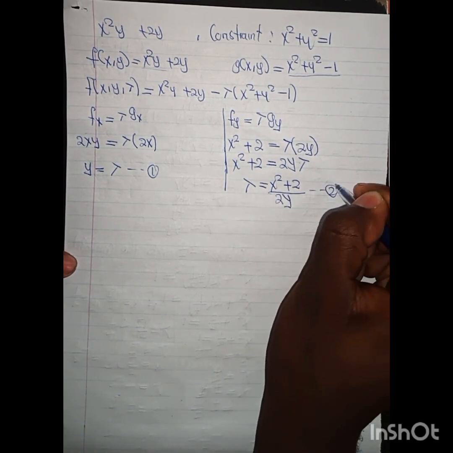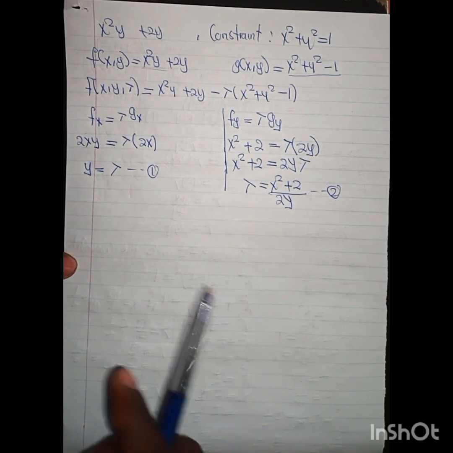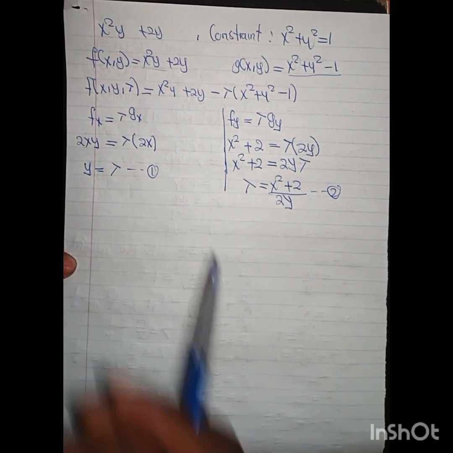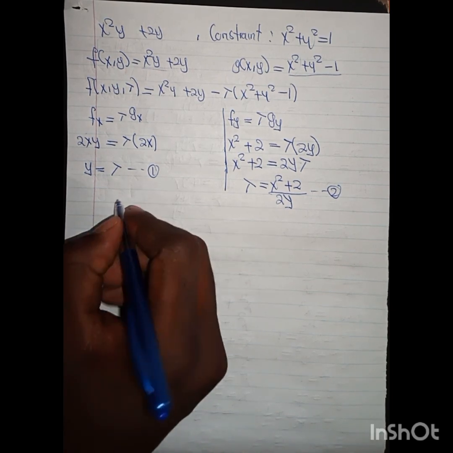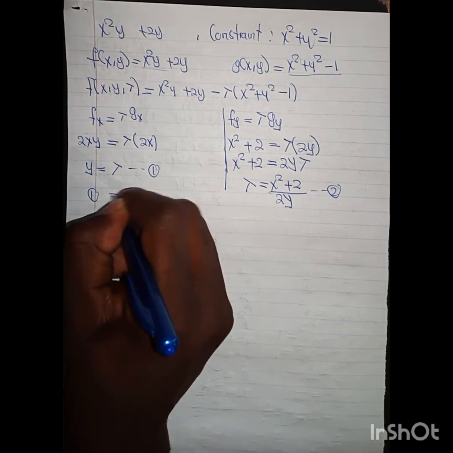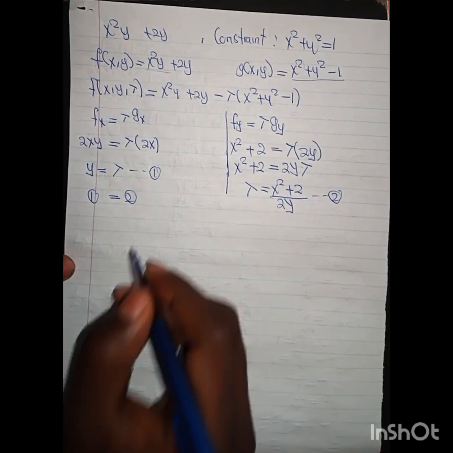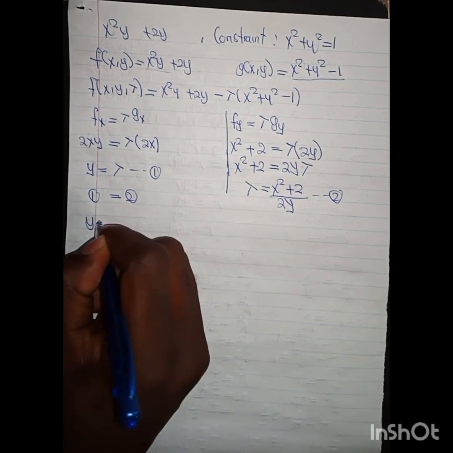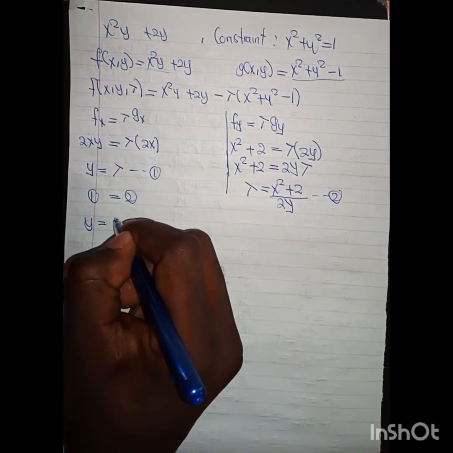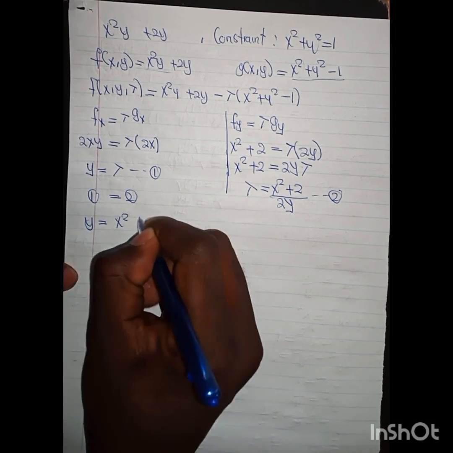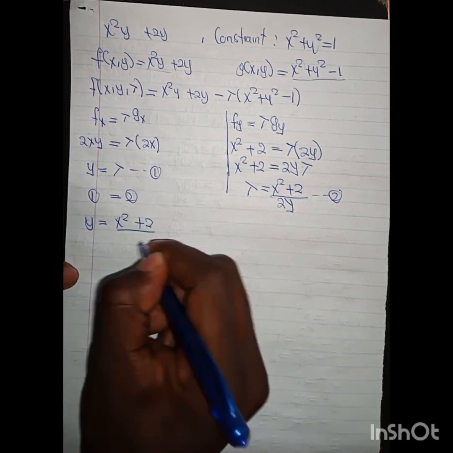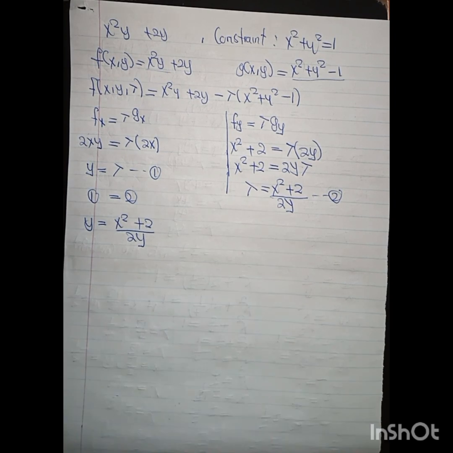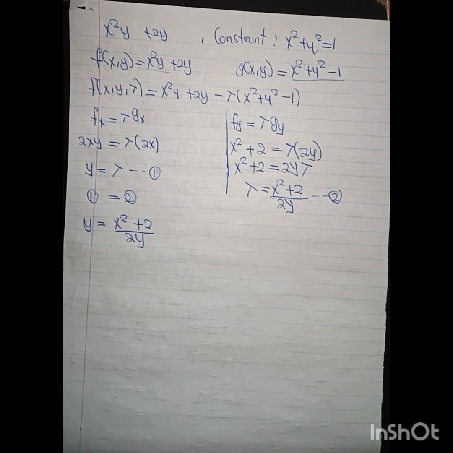This is equation 2. And then now we can equate the two equations, because now the two lambdas are equal. Equation 1 is equal to equation 2. So on the left we'll have y, then on the right we have x squared plus 2, all this divided by 2y. Then we can now cross multiply.